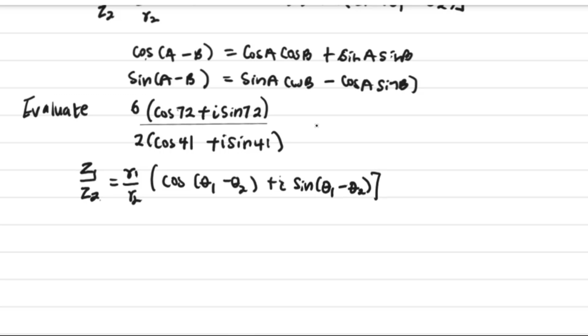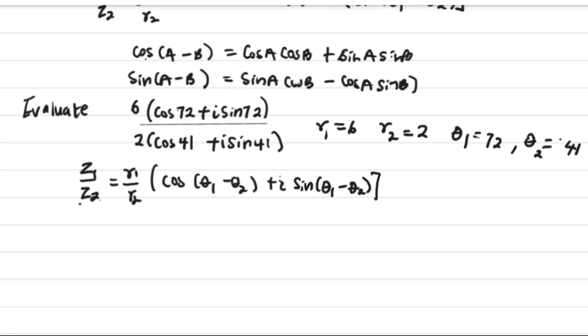So here from this question, our R1 is 6, our R2 is 2, our theta 1 is 72, our theta 2 is 41.